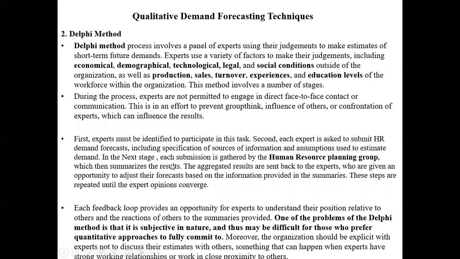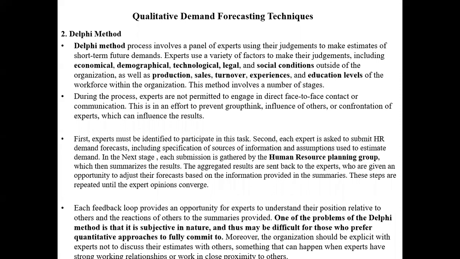The second qualitative approach is the Delphi method. The Delphi method also relies on the subjective experience of a panel of experts using their judgment to make estimates of short-term future demands.